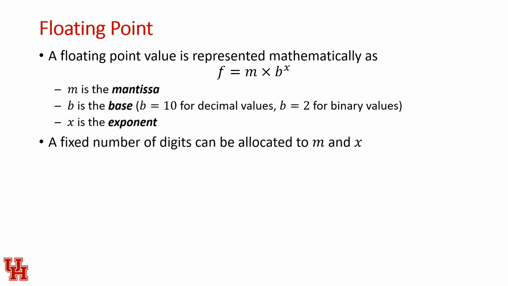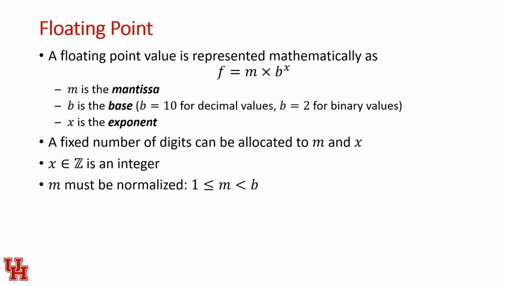Any floating point representation we pick will allocate a fixed number of digits or bits to both the mantissa and the exponent. The exponent x will always be an integer, and the mantissa m will be a fixed point value that is normalized, or between 1 and b, not including b.